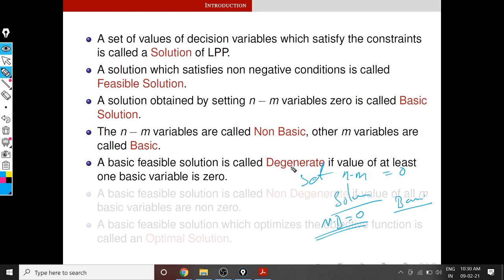And a degenerate solution is one where at least one basic variable is 0. Such solutions are called degenerate solutions, because a degenerate solution has some special properties when we are solving an LPP.